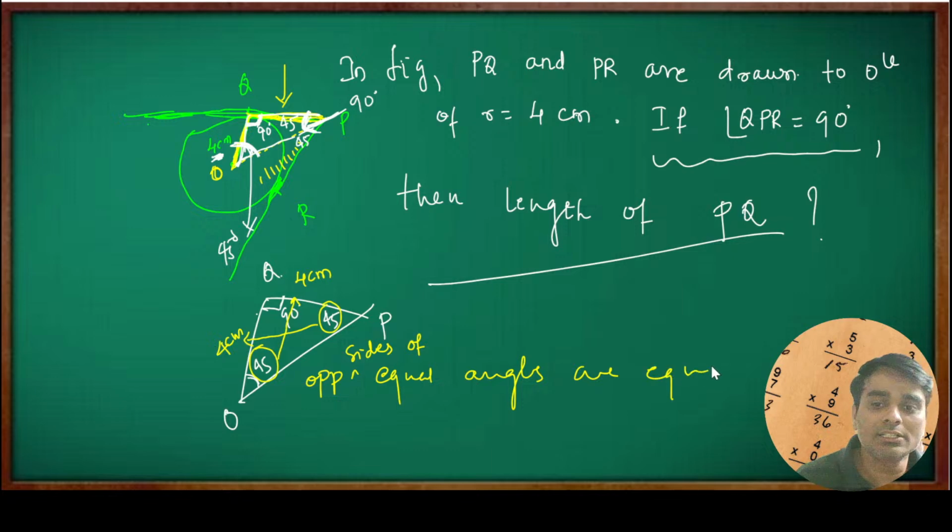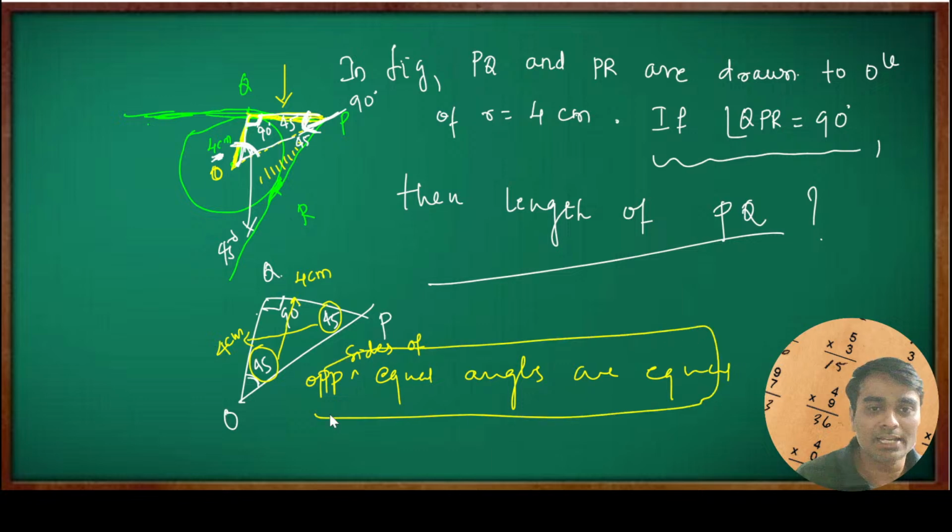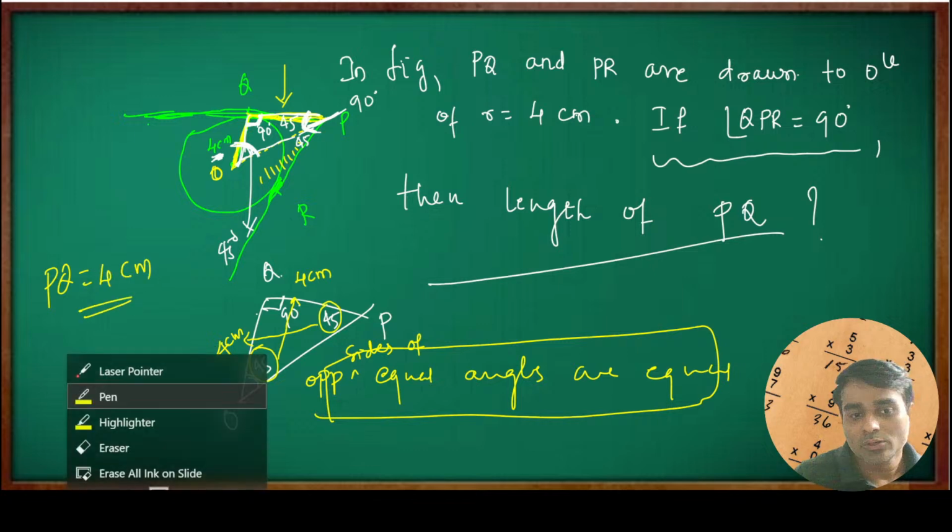Equal. This concept we used. Very simple. So no need to bother. Just focus on the triangle that you need. Then find out the angles. Then you can give this reason and write even the other PQ. That PQ is also equal to 4 centimeter. Okay. This was a simple one. Next take one more.